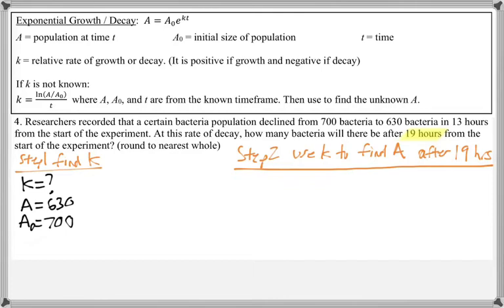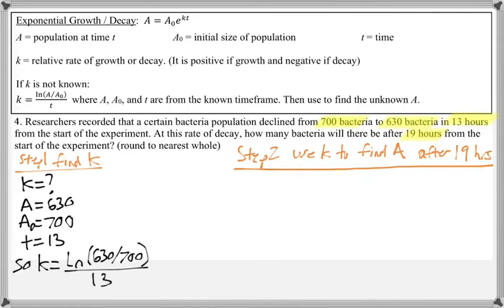So I'm looking at the known time frame here, and that was over 13 hours. So T is equal to 13. So K is equal to ln of 630 over 700 all over 13.